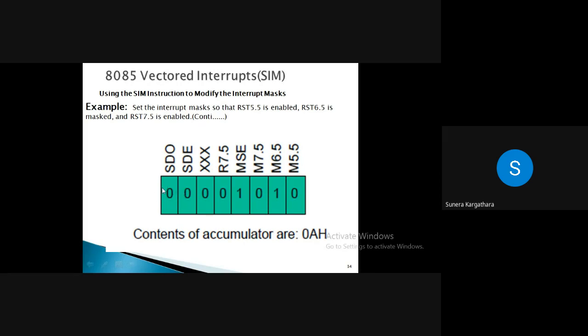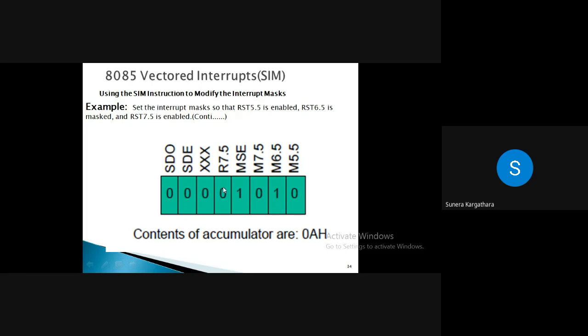If you want to send this bit 0 to your microprocessor, you will keep this bit 1. Then only this bit can be transferred to the processor. We can understand this is a don't care, you can keep it 0 or 1. RST 7.5 is 0, that means this is available.